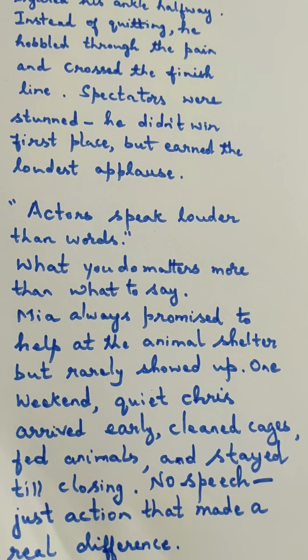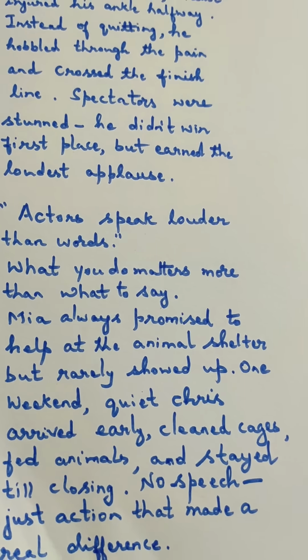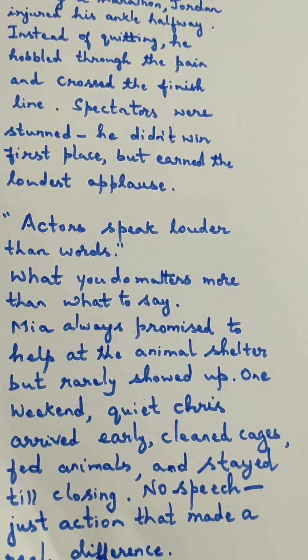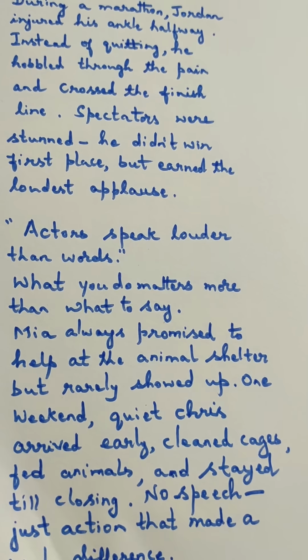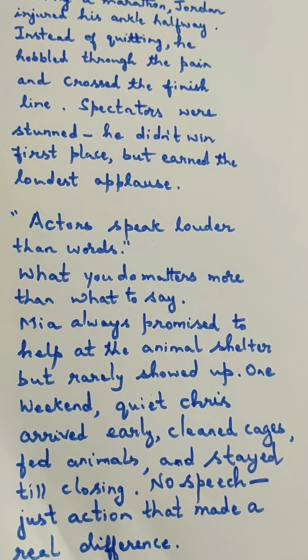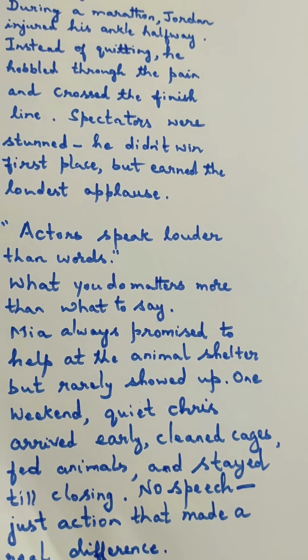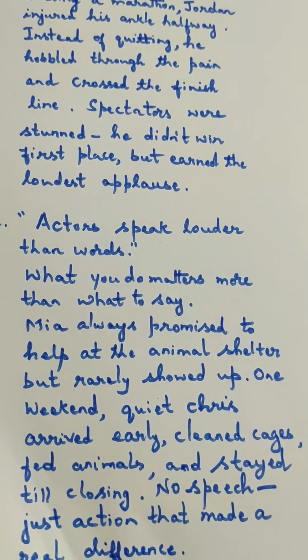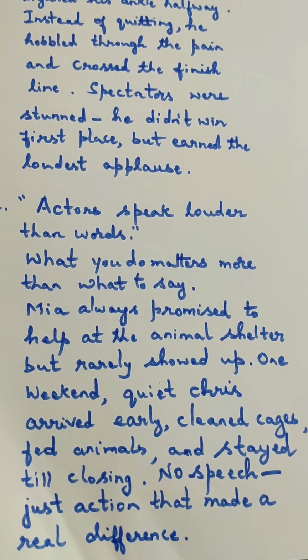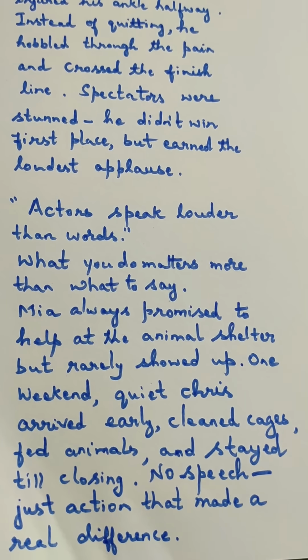So what happened? One more boy, Chris, on the weekend he came, he cleaned the cages where the birds and animals were kept and he fed the animals. He gave food for the animals and he stayed till closing. Till the closing of that animal shelter, he stayed patiently.